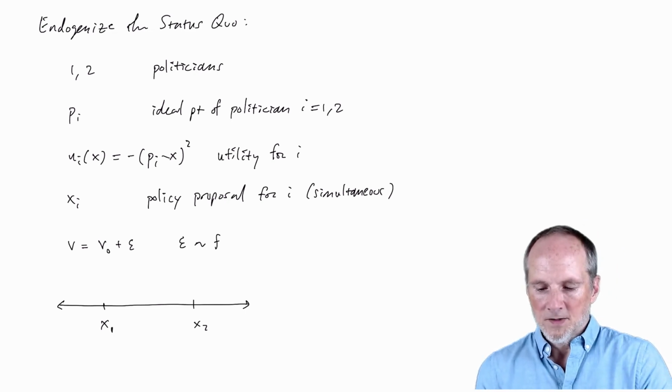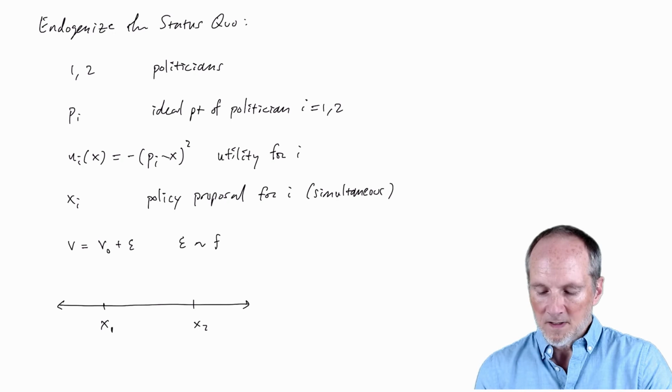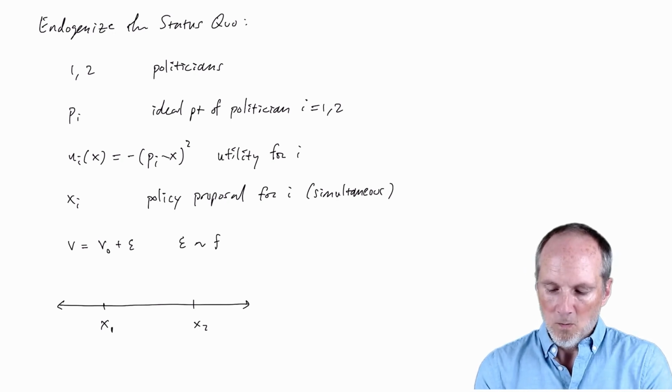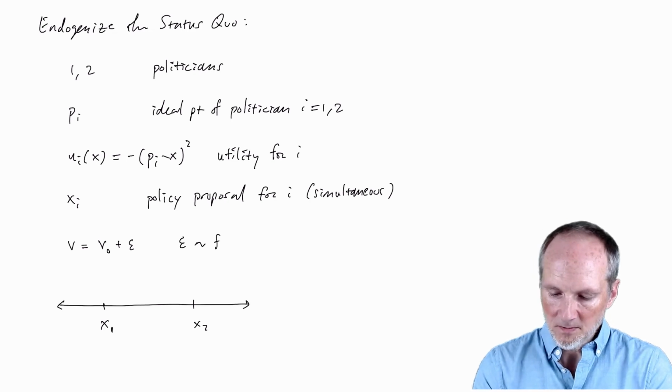we can understand this in the same way we did before. When will the voter accept politician 1's proposal?